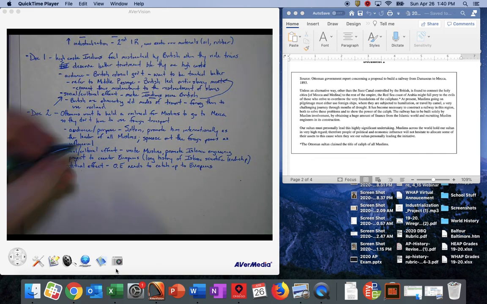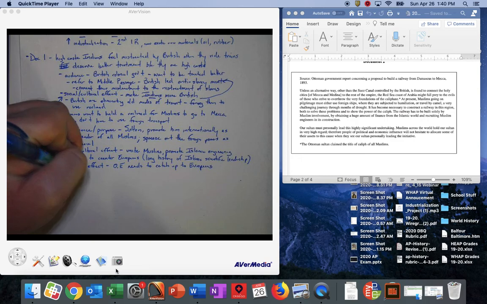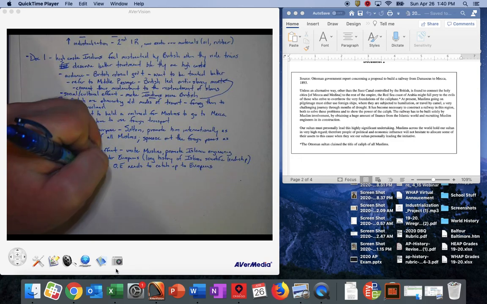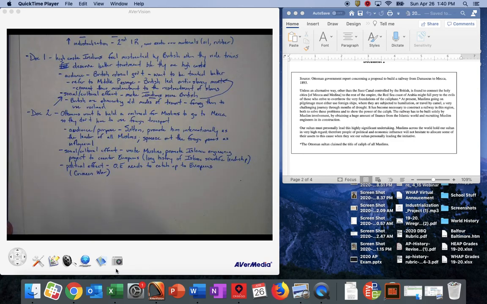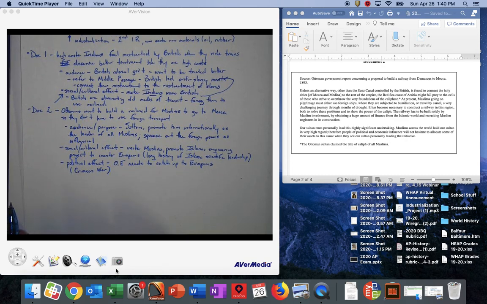Remember that the Crimean War was a big wake-up call to the Russians, that the Russians needed to start industrializing. The Crimean War also said to the Ottomans, you guys need to catch up. And this is a good example of the Ottomans realizing that they need to catch up. So there is both a social cultural effect here and a political effect here.